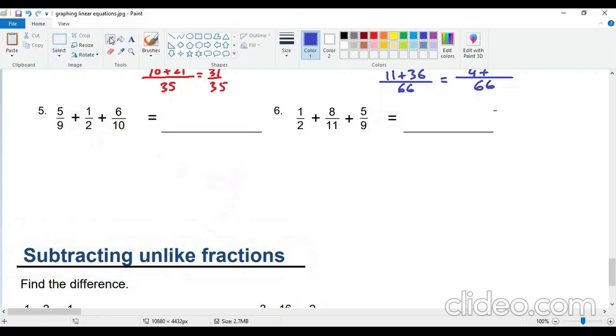The trick I am going to use here is 5 over 9 we write, and plus 1 over 2, and instead of 6 over 10 I will write 2 times 3 is a 6 and 2 times 5 is a 10. I will use equivalent fraction. Next I will multiply this by 10 to make the denominators equal. 9 times 10 is a 90, and 2 times 45 is also a 90. I'll make a little space between them.